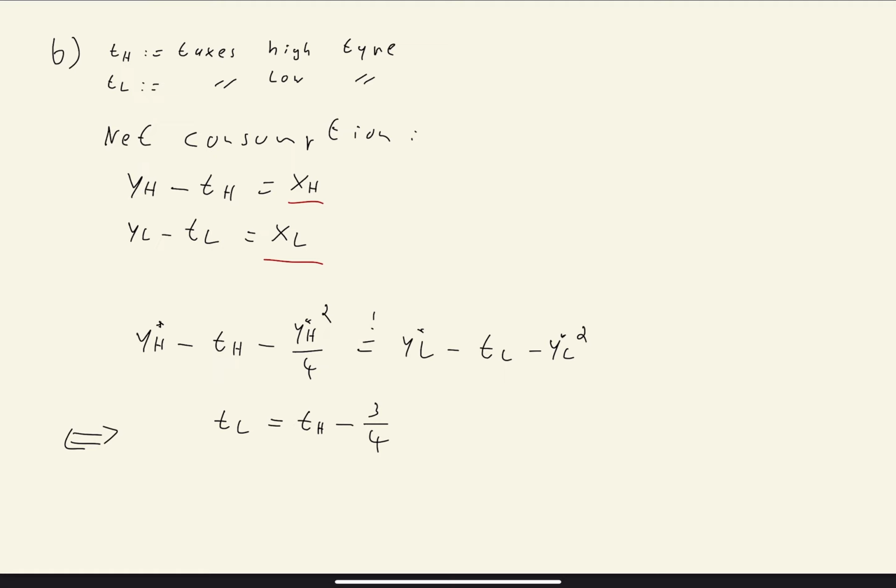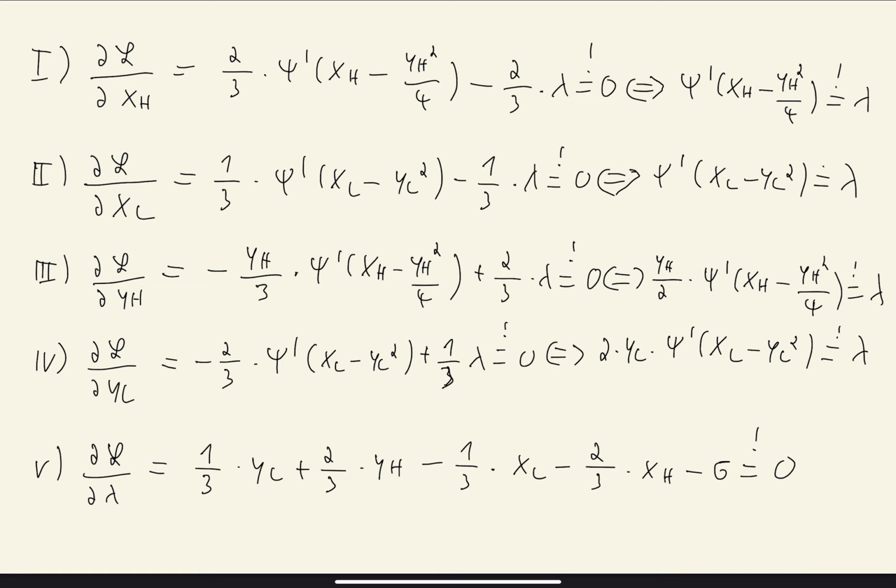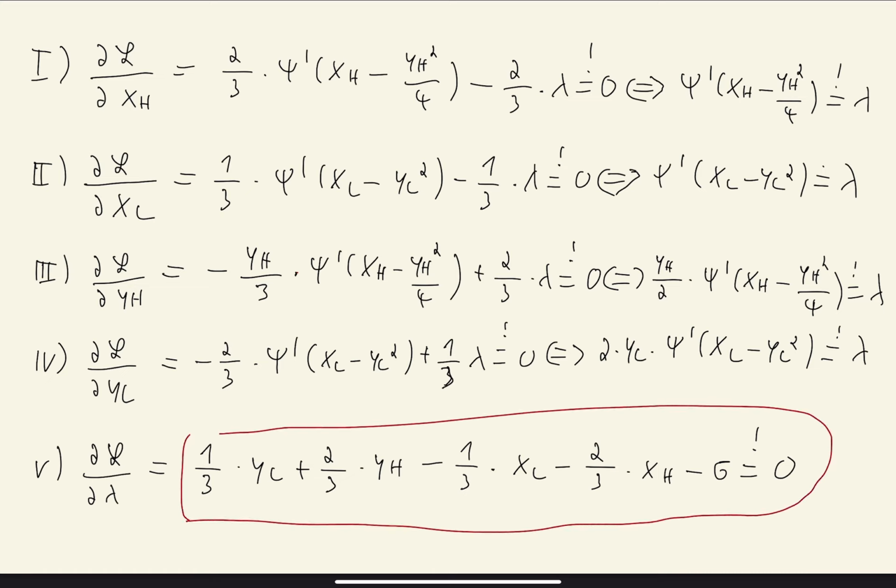But we're still not done, because there is still a budget balancing condition which must be fulfilled. If I go back to the slide, it was given by this condition here. It says that in a first best allocation, the budget of the government must be balanced.